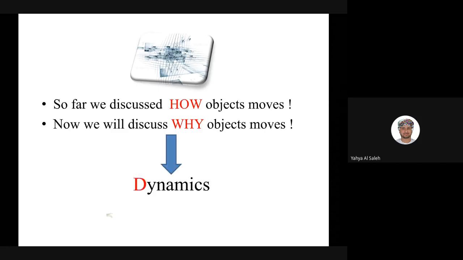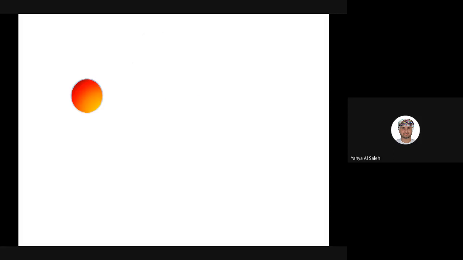We never answered any of these questions per se. So today we are going to start the dynamics portion of our course, which answers the question of why do things happen the way they do. Now, here we have a ball. It starts moving, accelerates, and then decelerates, and then stops. Very simple issue.